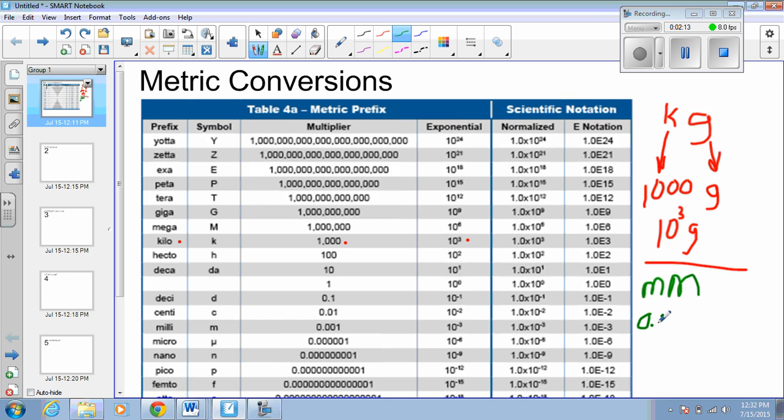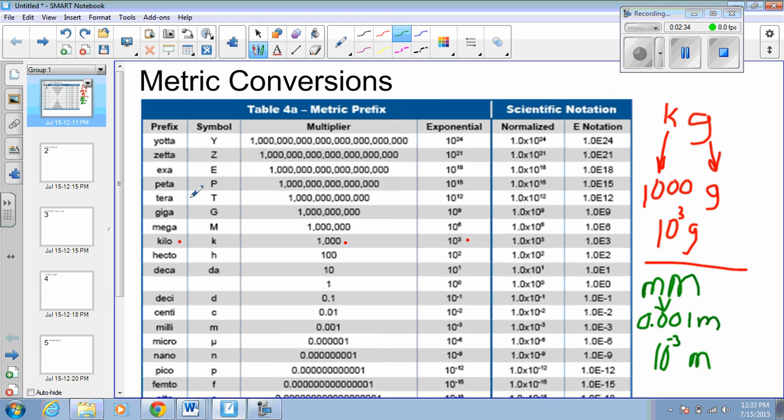So 0.001 meters is a millimeter, or 10 to the negative third meters. That's what this chart is saying.